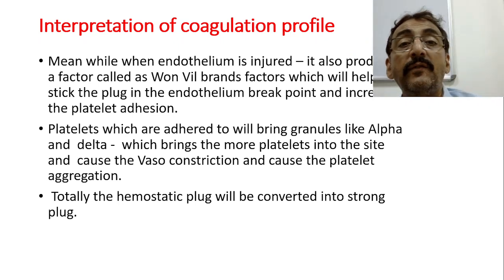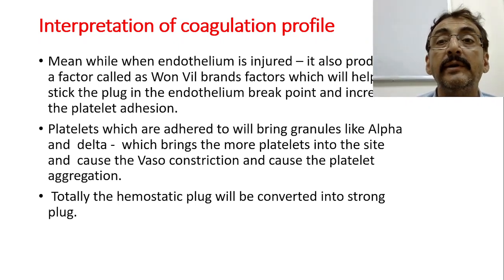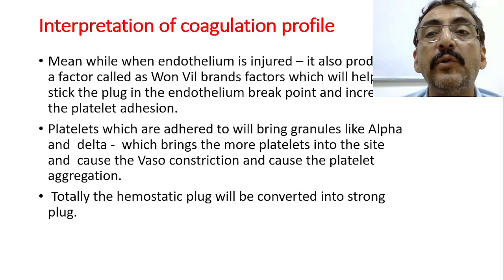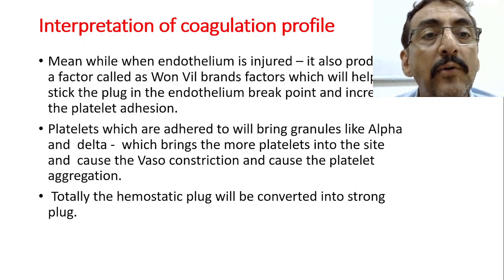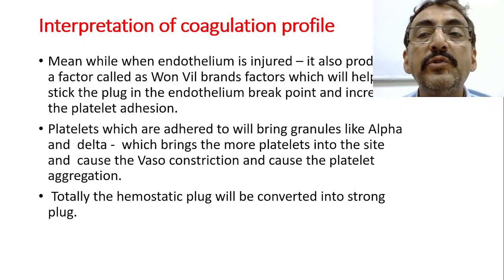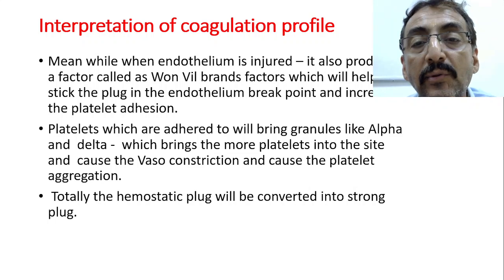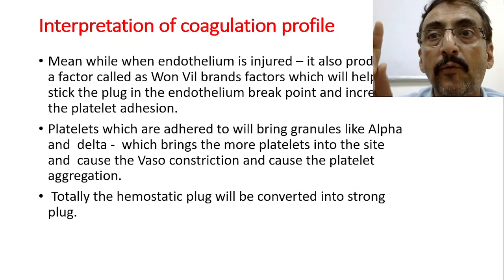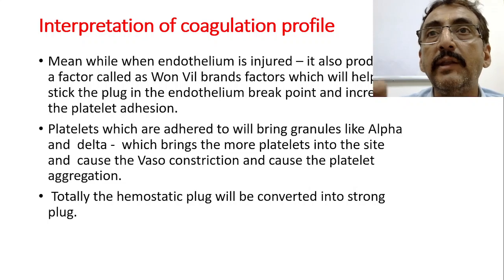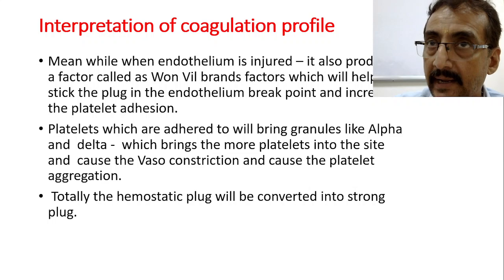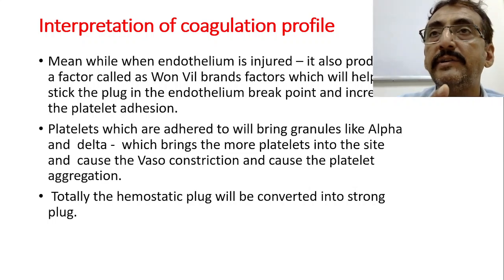Now, meanwhile, when the endothelium is injured, it also produces a factor, which is also very important. We have already discussed this: it produces von Willebrand's factor, which will stick the plug in the endothelium breakpoint and increase platelet adhesion. So von Willebrand factor is required for the proper functioning of the platelets, forming aggregation and activation.